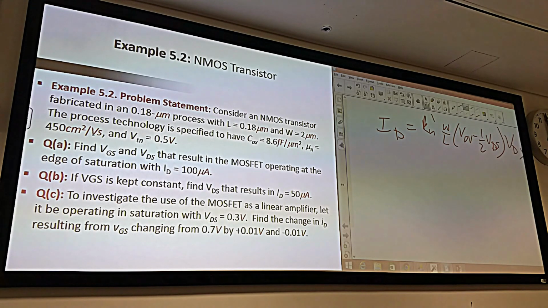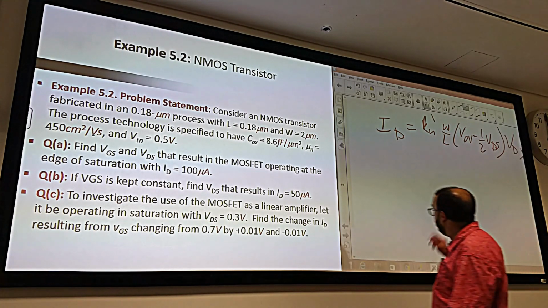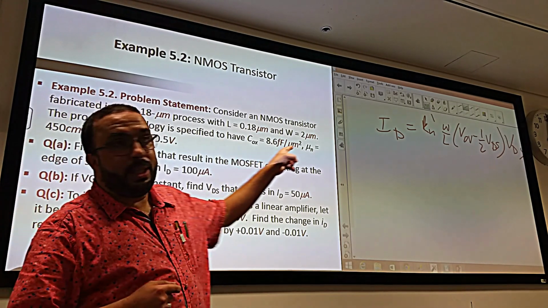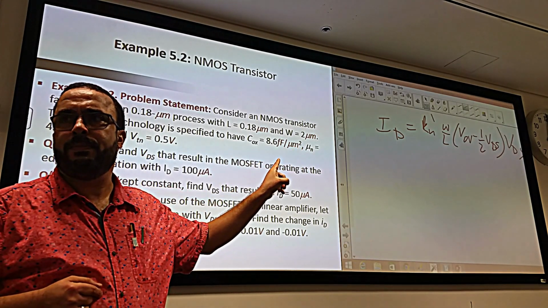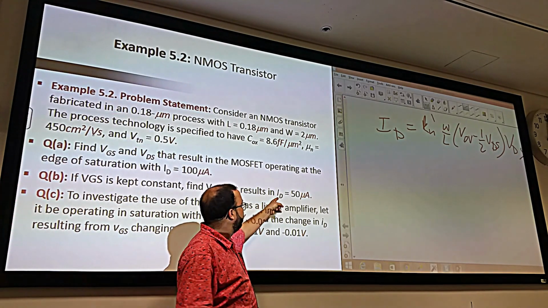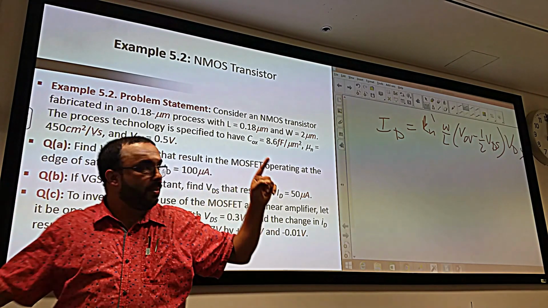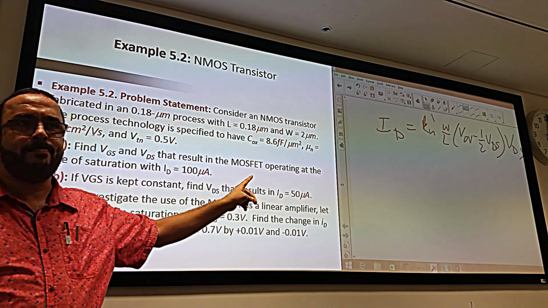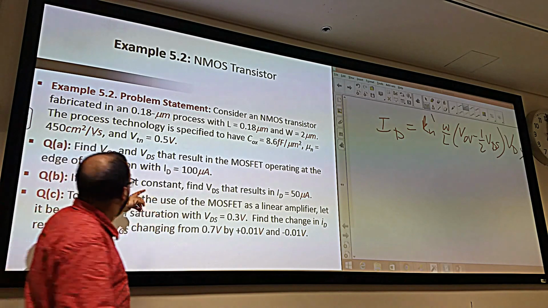Yes or no? I'm not expecting you to memorize this, but I will give it to you in the equation sheet of the exam. Now, we know ID, yes or no? It's given, 50 microamp. Kn prime is given. W over L is given. V overdrive, do we know that? Yeah, from the same.